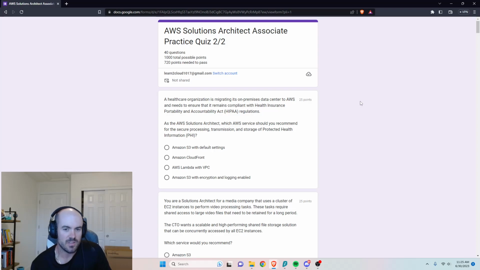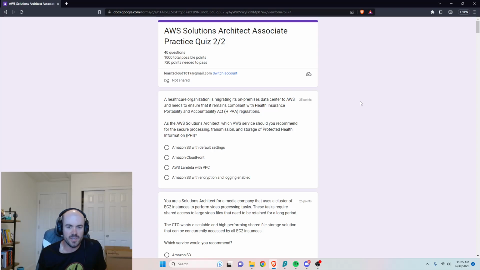Amazon S3 with default settings. I don't believe that's going to be correct, because with HIPAA there's going to be specific regulations and requirements to protect, like it says, health information. So the default settings probably wouldn't be the best bet there.